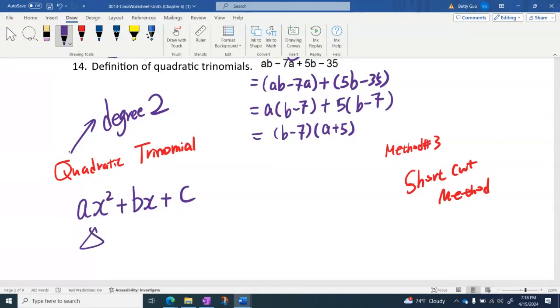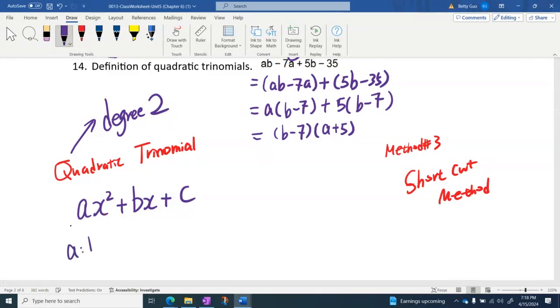And it is a trinomial, 1, 2, 3, right? And the trinomial is in standard form. The first term, the leading term, is the x squared term. The middle term is the x term. The last term is the constant term. A, B, C are constants.